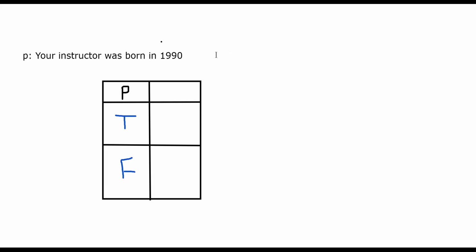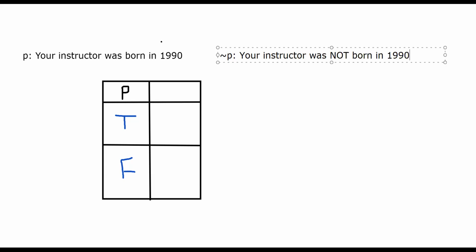Now consider for the moment the statement not P. Not P, well, if P is the statement, your instructor was born in 1990, what is not P going to be? Very good. Your instructor was not born in 1990. Your instructor was born in any other year other than 1990.